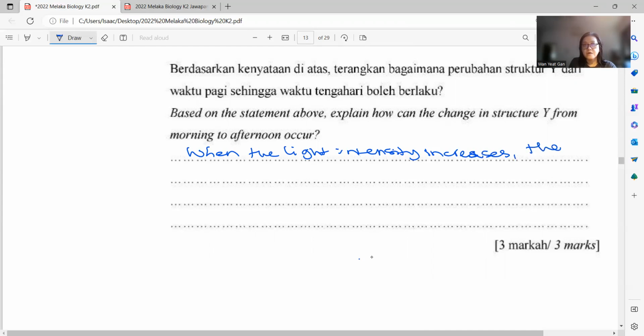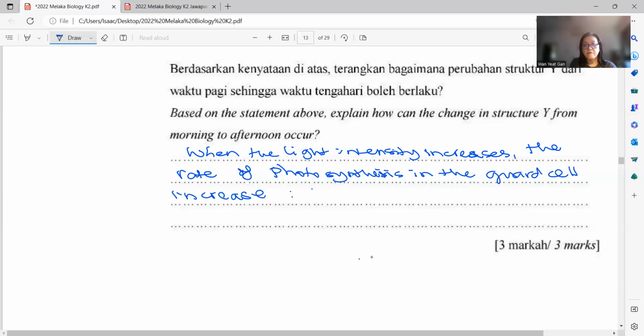the rate of photosynthesis in the guard cells increases. Therefore, sucrose concentration increases.